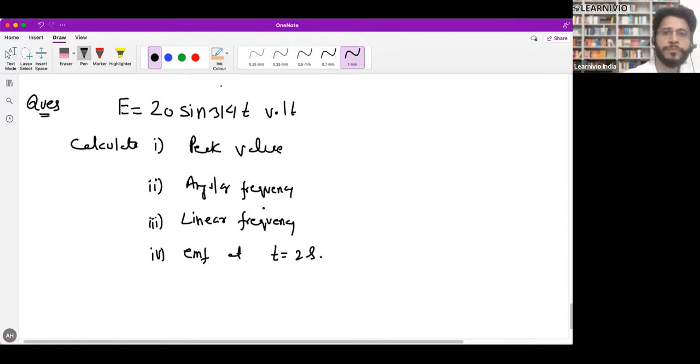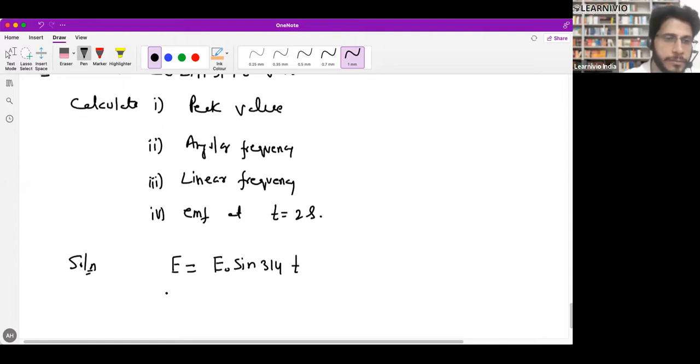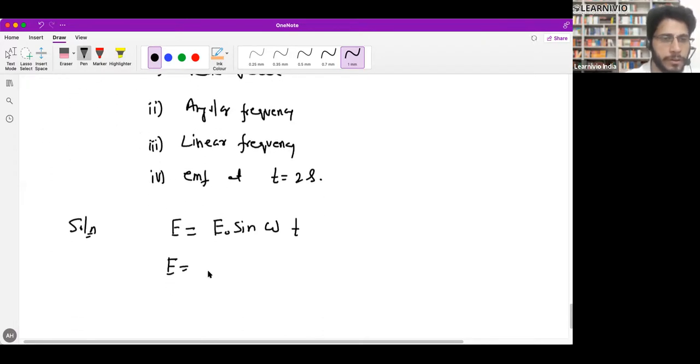Mariam, no answer. See, this is the standard equation of EMF: E naught sine omega t. And this is the equation that I have written, 20 sine 314t.